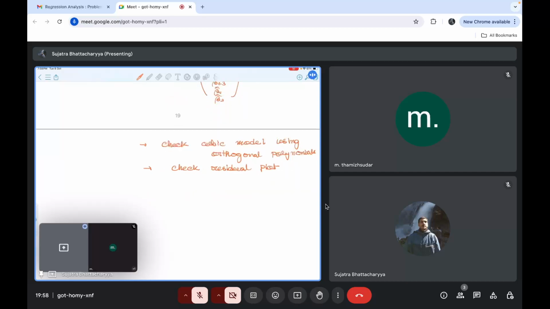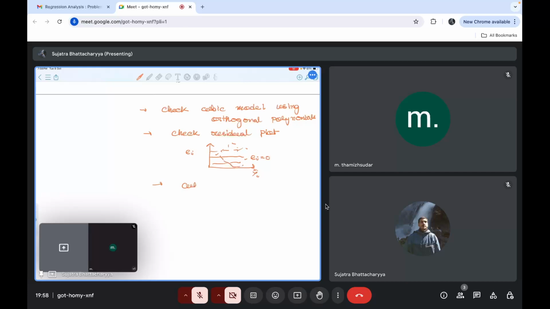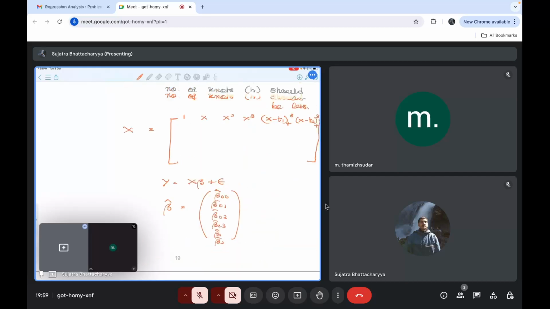If the residual plot, with ei against yi, does not look like a perfect band around ei equal to 0 and the points are going away, then you have to go for the cubic spline. If you then check the residual plot again, you will find that it is much better. This is how the technique is to be used.